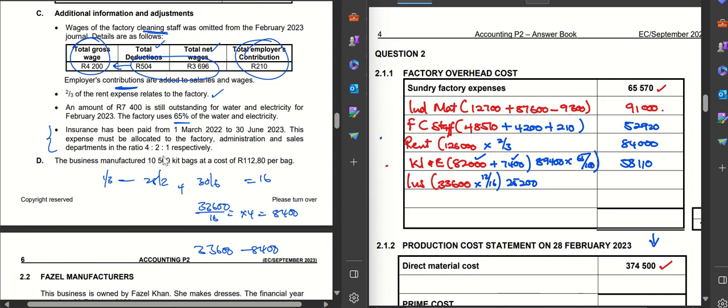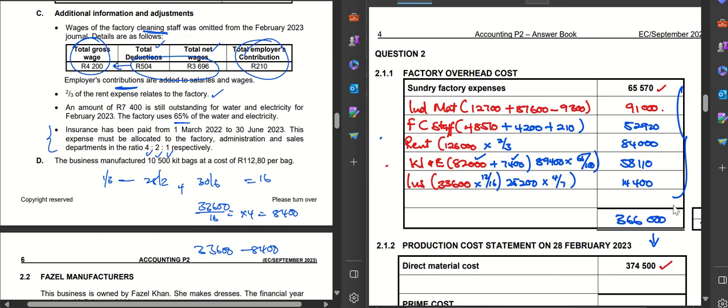Then you say it should be allocated 4 plus 2 plus 1, that's 7. So multiply by 4 over 7, and that would give you 14,400. If you add all of this, it should give you 366,000.